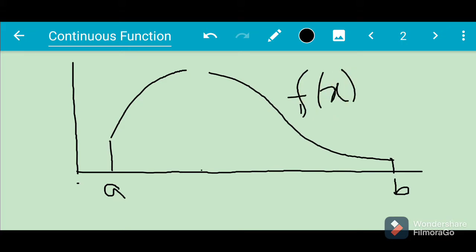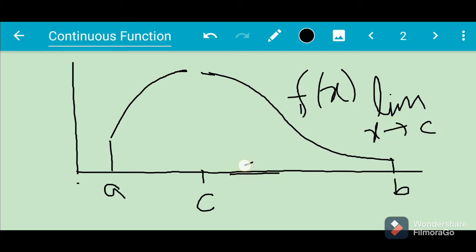Now at c, the value of the function does not exist, but if we take the limit as x tends to c, taking c from this side and this side, then the value of the limit is, suppose, at this point.